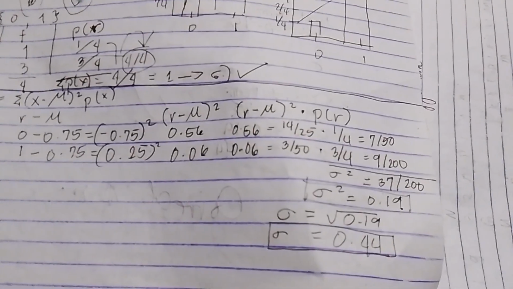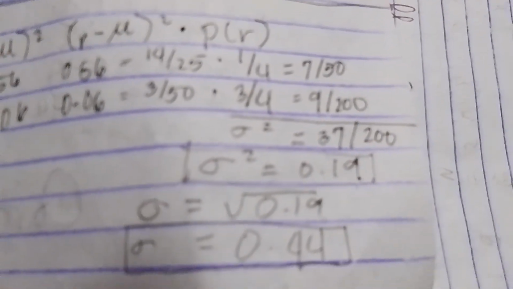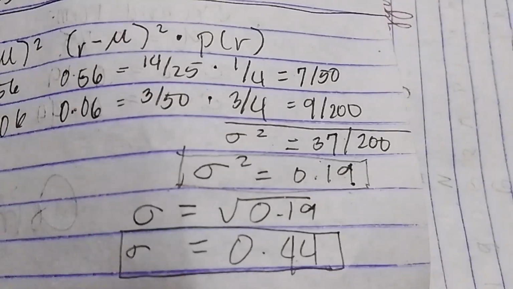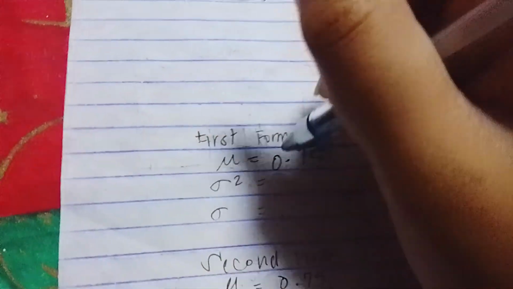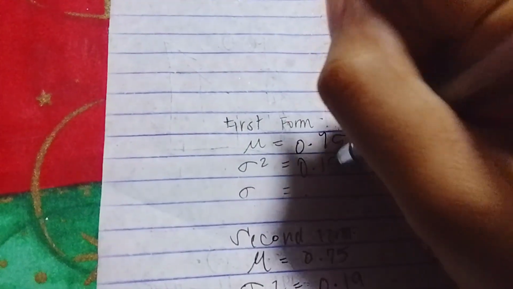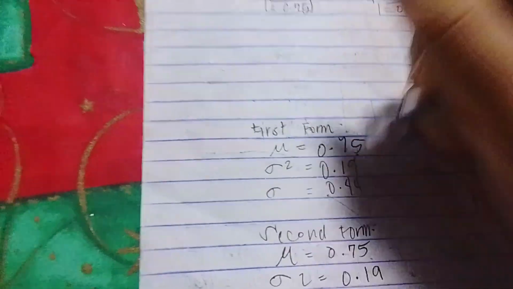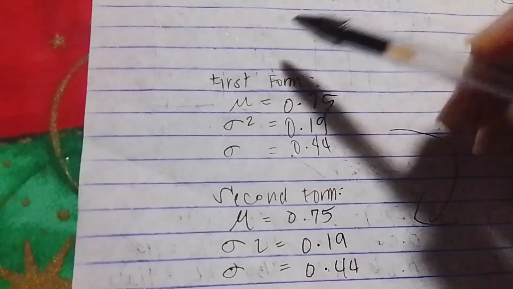Our variance is 0.19 and our standard deviation is 0.44. So let us finally check.